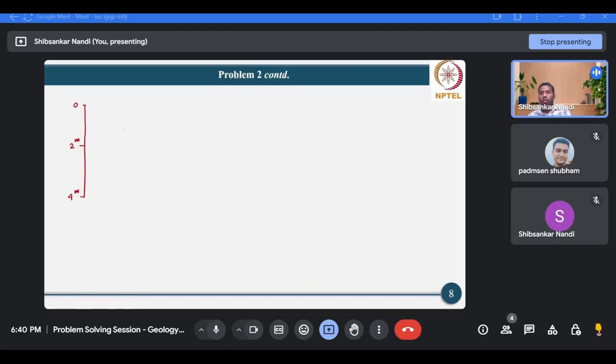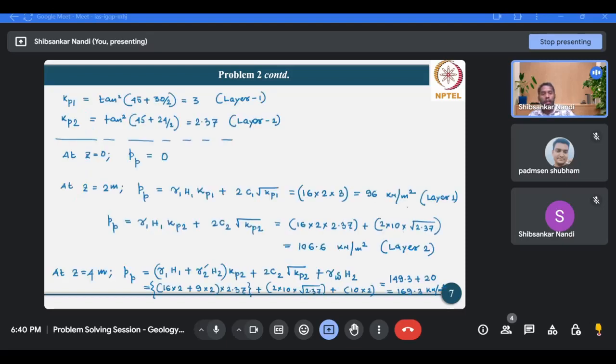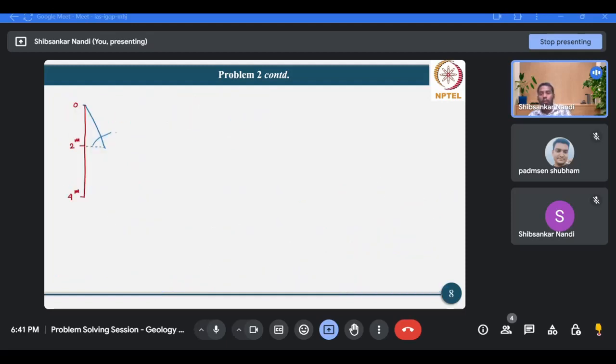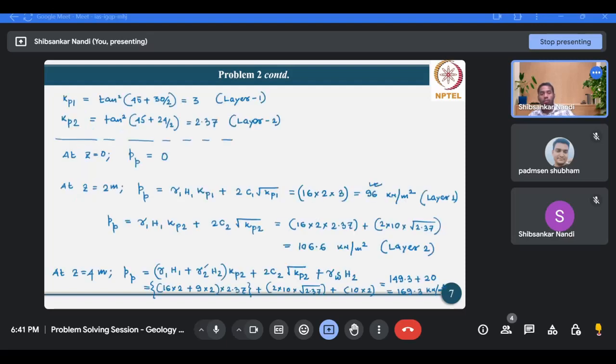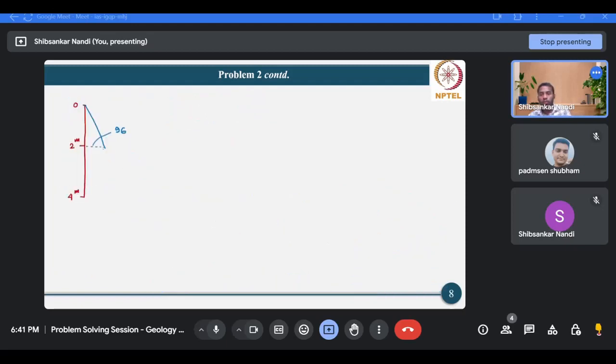The distribution starts from a value of 0, then it reaches a value of 96 kPa at the interface in layer 1. Now at the same interface we will start from 106.6 for layer 2.